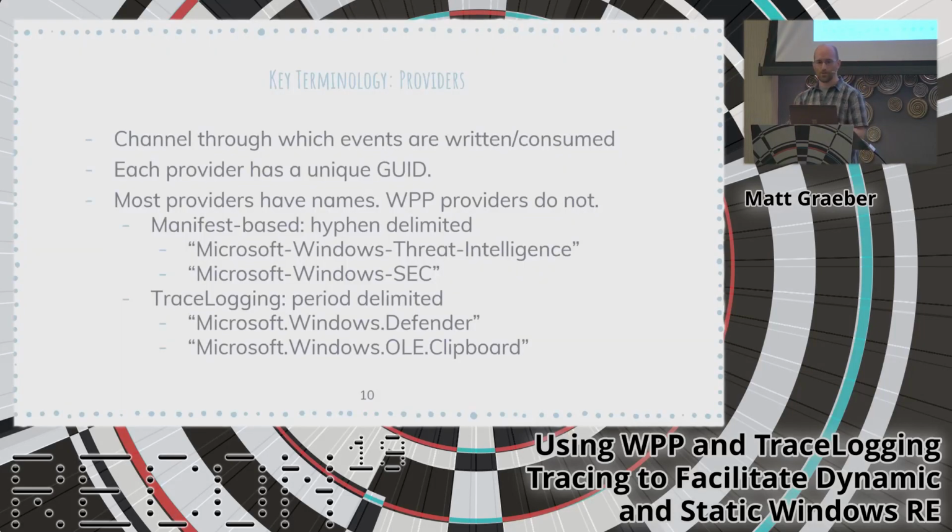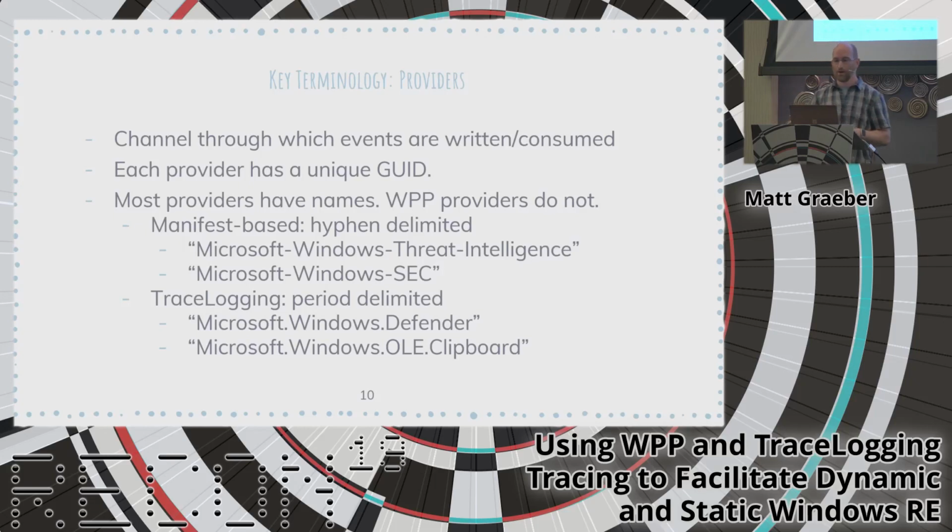Terminology: I've already touched upon providers. Think of a provider like a channel through which events are written and consumed. Code can write events to providers, and then trace sessions, or consumers of those events, can consume the events that were written to the provider.